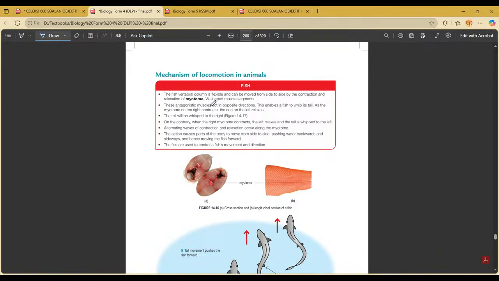Fish vertebral column is flexible and can be moved from side to side by the contraction or relaxation of myotome W-shaped muscle segments. Antagonistic muscles act in opposite directions, allowing a fish to whip its tail. As the myotome on the right contracts, the one on the left relaxes. Huh. Okay.